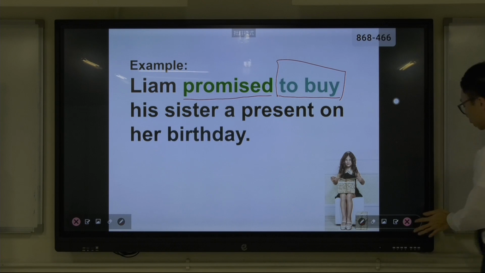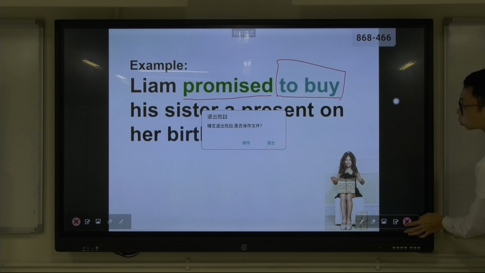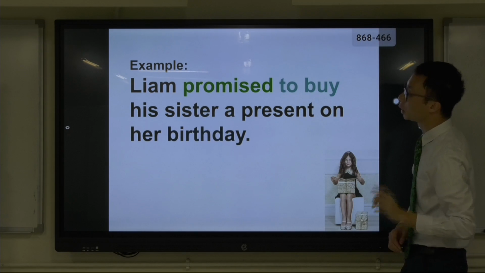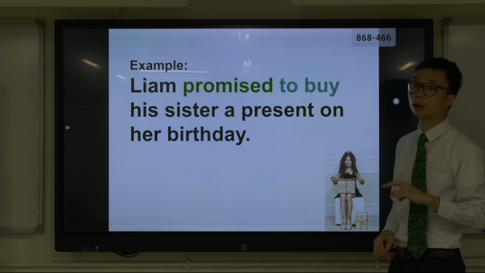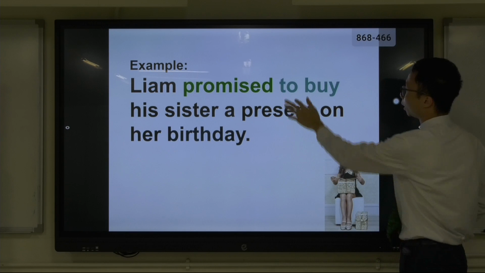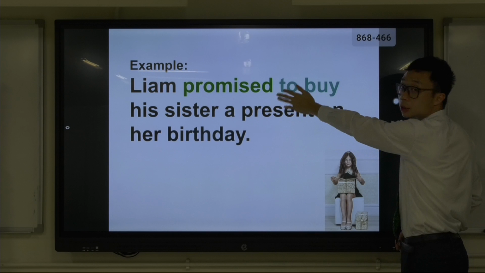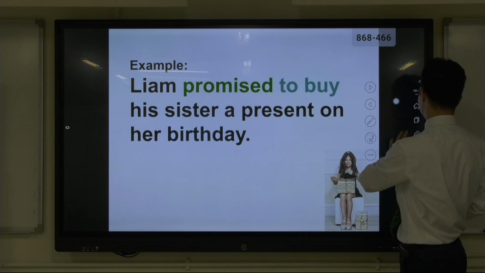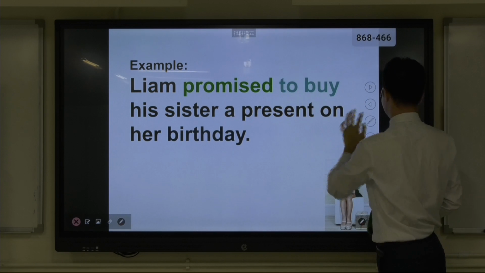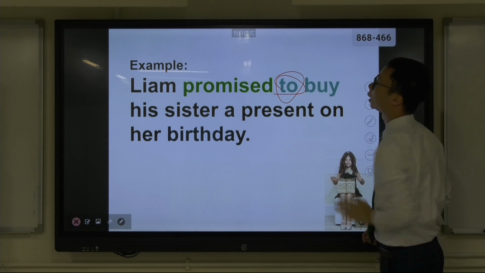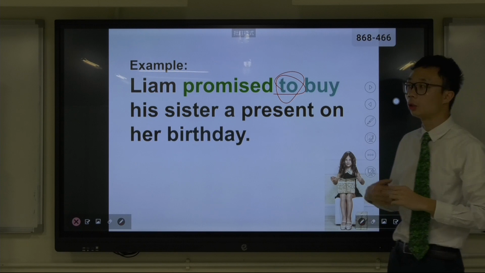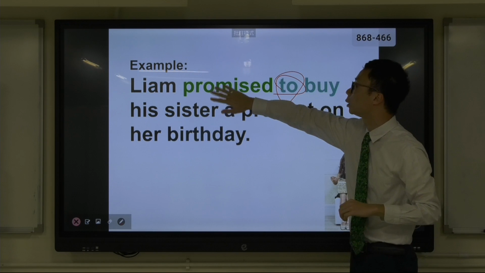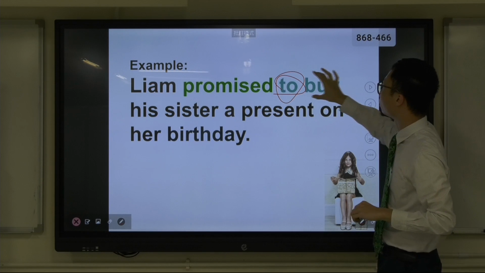Because each sentence can only contain one verb, and this one uses a to-infinitive, adding a to in front of the verb technically cancels its verb status in this sentence. That's why you can use the word promise here, and to buy here.